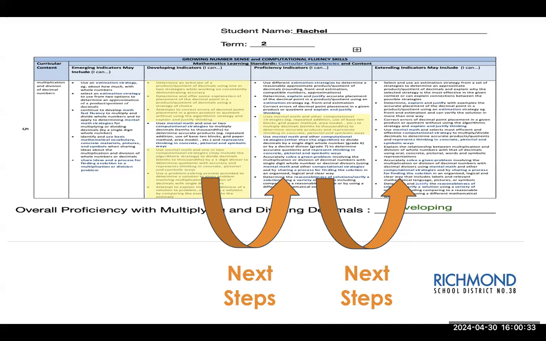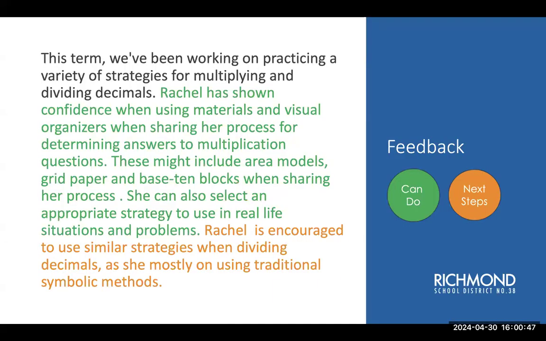When you are providing feedback, you can be doing that independently. But when we're thinking about an overall report or a learning update, we want to highlight what is most important. This is an example of feedback that you might provide. What is listed in green is what the student can do, and what is shown in orange is an example of her next steps. So this term, we've been working on practicing a variety of strategies for multiplying and dividing decimals.